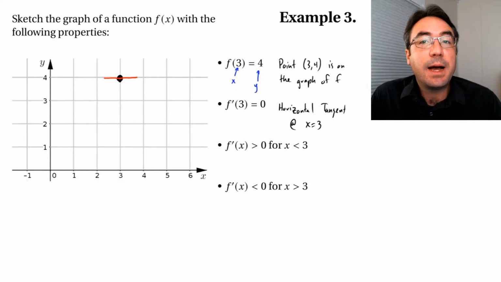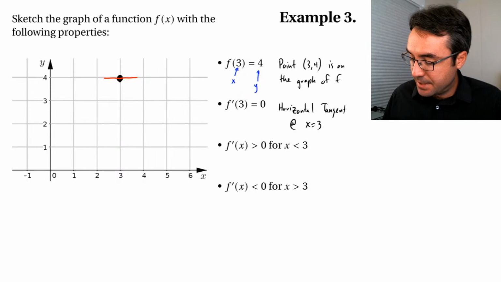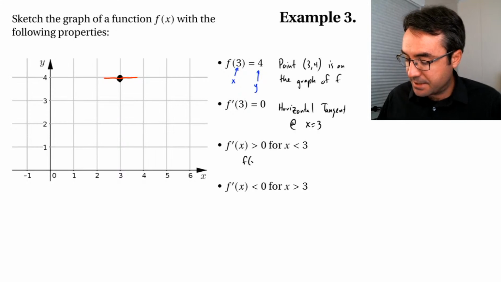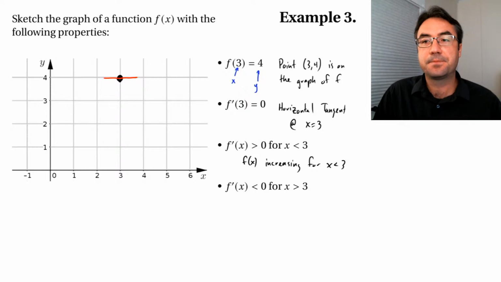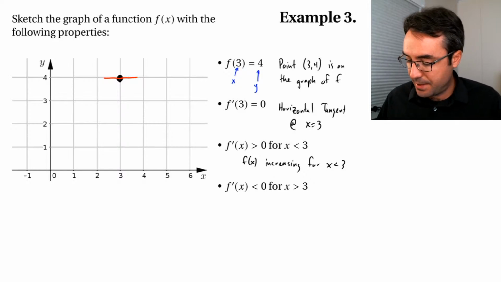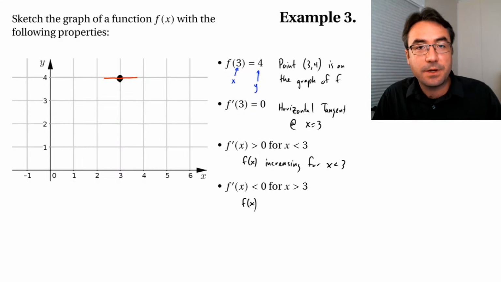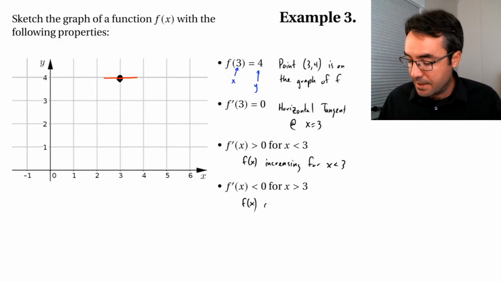F prime is positive when x is less than 3. So what that means is f of x is increasing for x less than 3. And then we see f prime is negative when x is greater than 3. So that means if f prime is negative, that means our original function f must be decreasing when x is greater than 3.